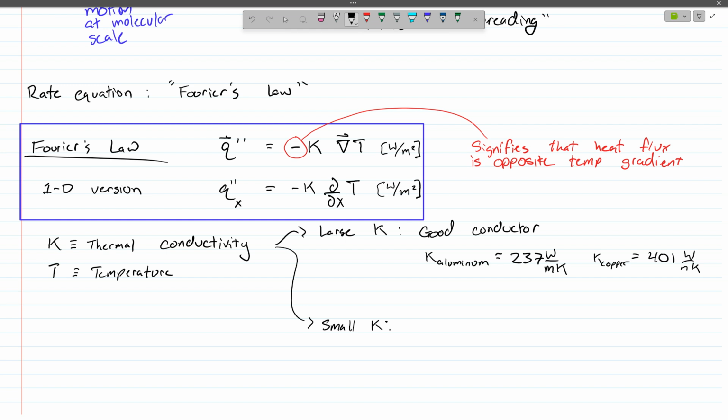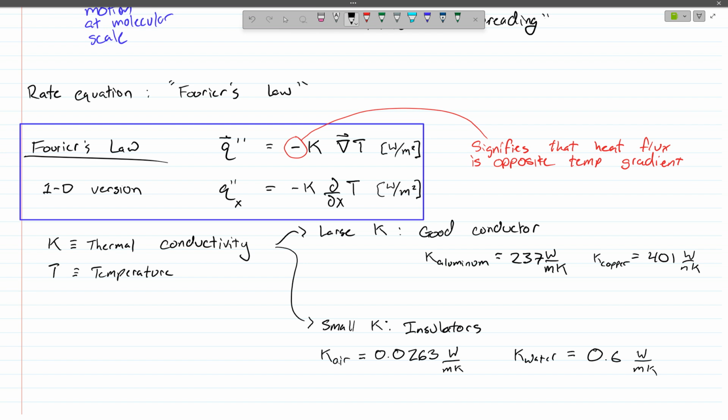Small k is associated with insulators. So k of air is around 0.0263 watts per meter Kelvin, and that of water is an order of magnitude higher, but is still only 0.6 watts per meter Kelvin.